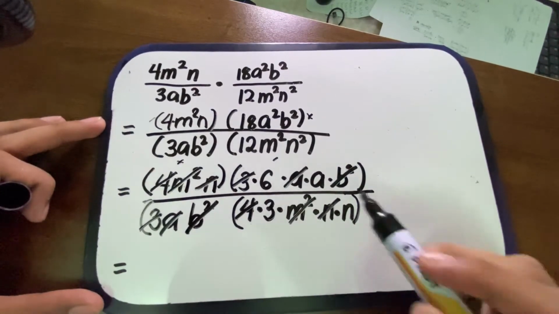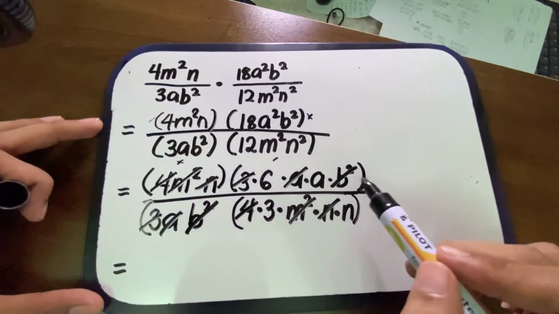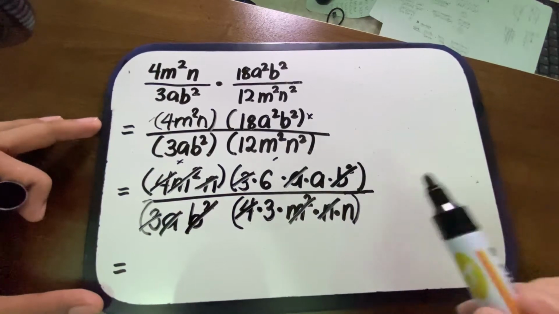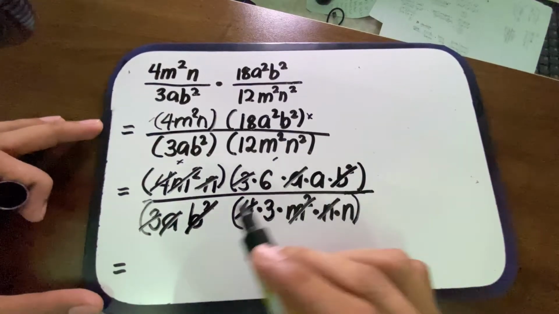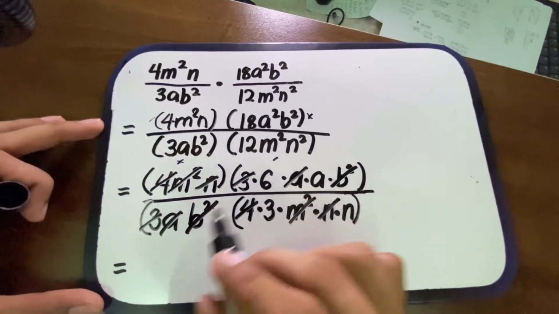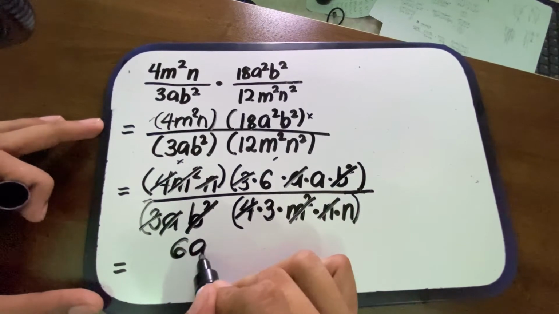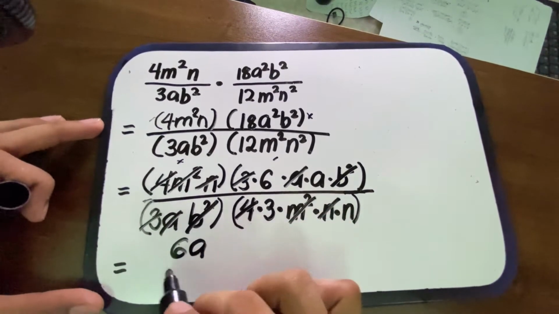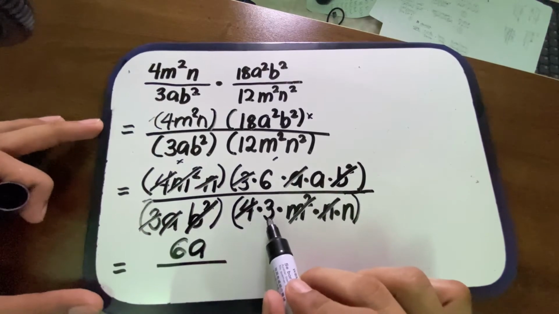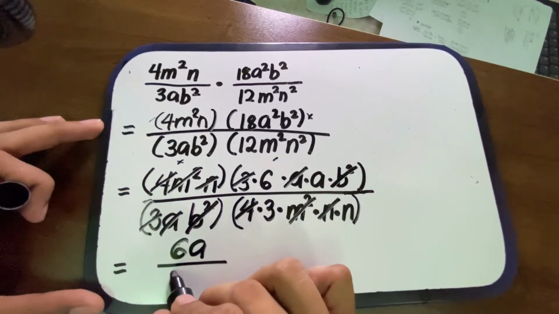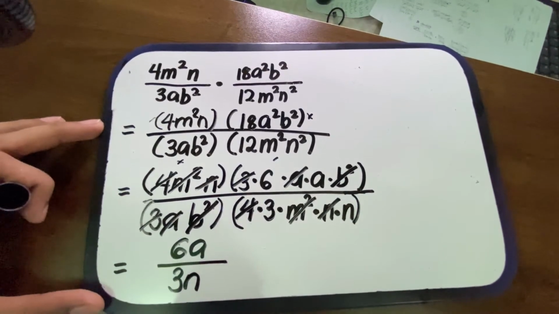So those terms that are not cancelled, we need to write that one again. So we have this 6 and a, 6a, okay, over, we have 3 and n, so 3n.